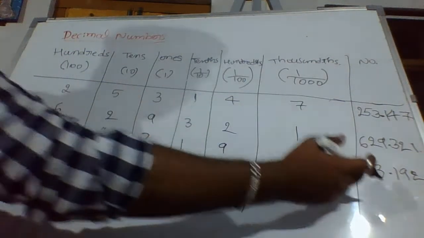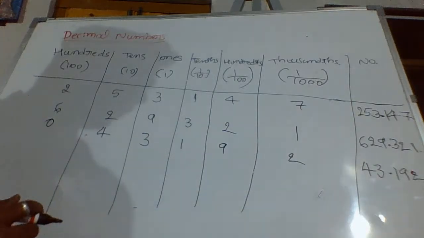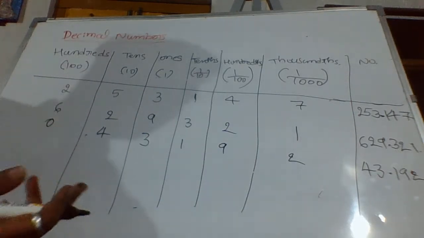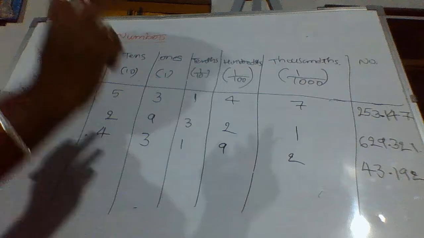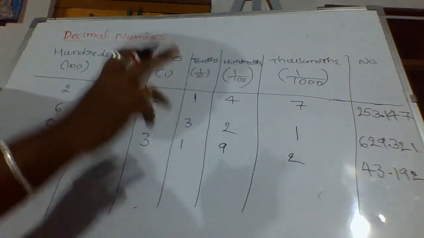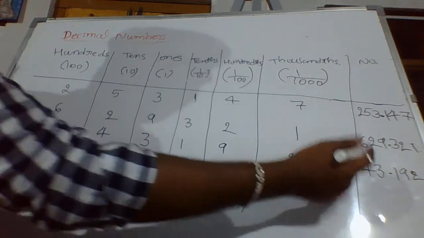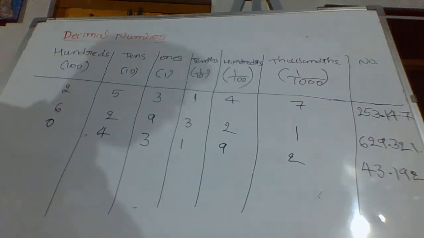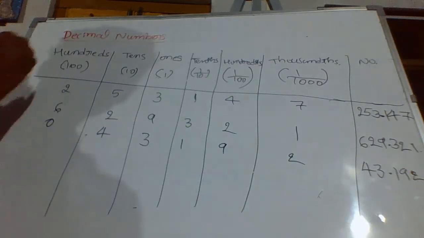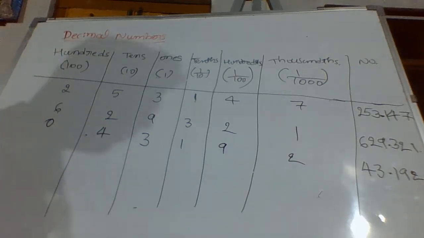If 0 comes before 43, then also you read it as 43.192 only. So here you can write 0 or leave that number. Here 0 is at the hundreds position.